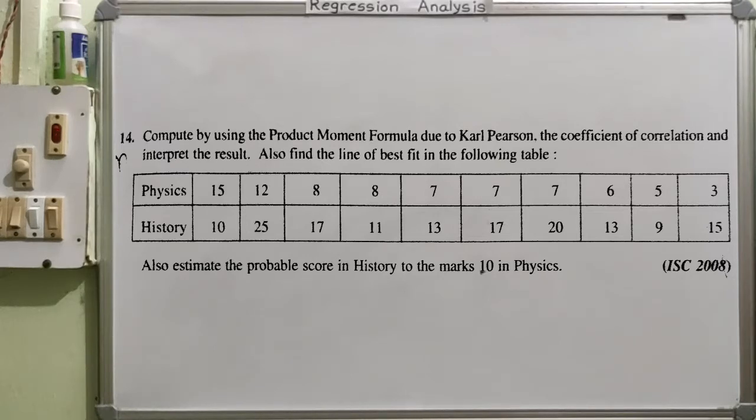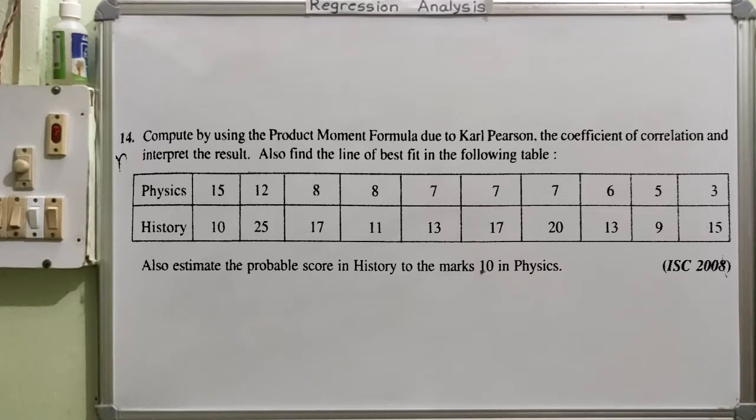So here also we only have to find the line of regression of y on x, because the line of regression of y on x is said to be the line of best fit. Clear? And at the end, if someone is getting 10 marks in physics, also estimate the probable score in history for the marks 10 in physics. It means if somebody gets 10 marks in physics, what will be the expected marks in history according to the given pattern. Is it well understood?